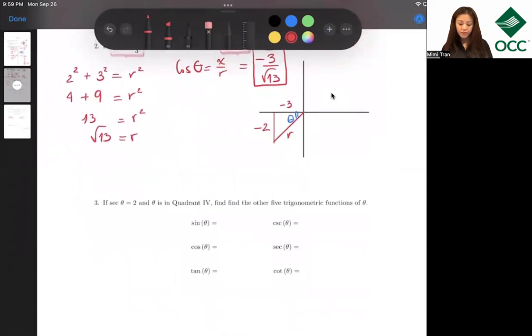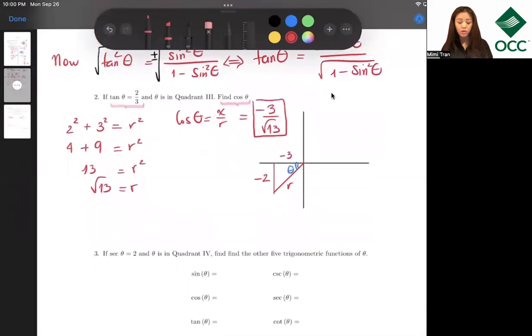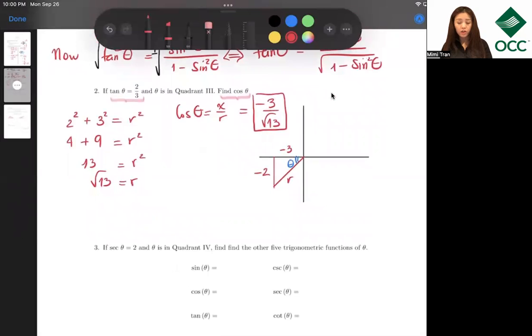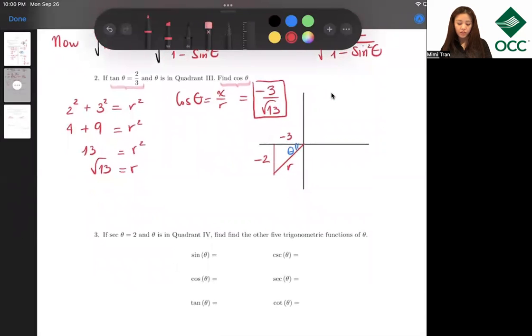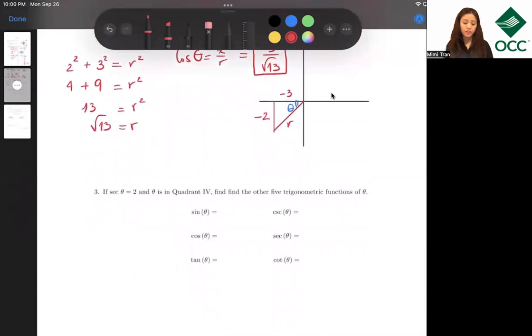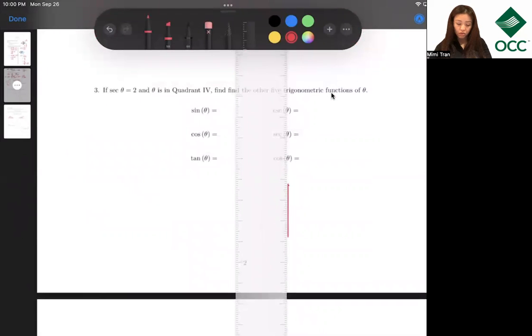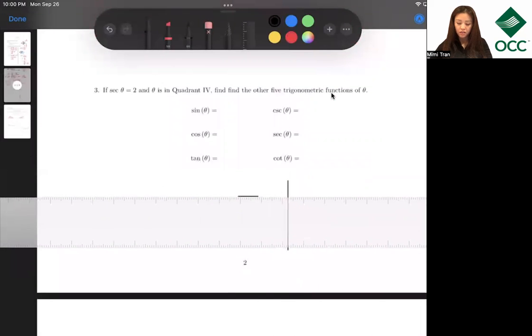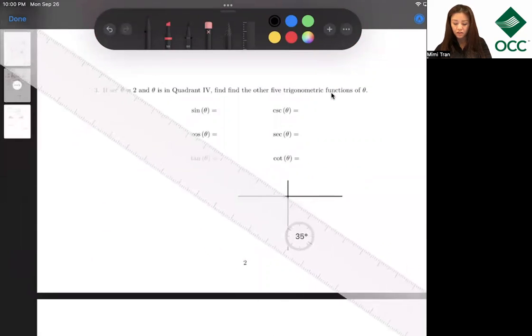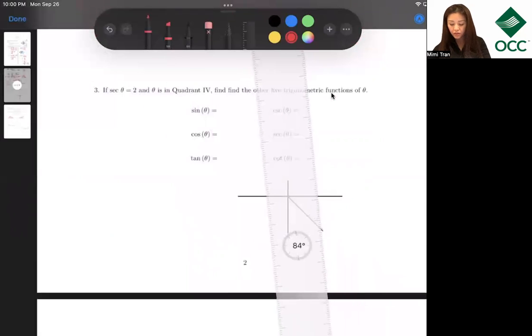Number 3 is pretty much the same as number 2. You draw a right triangle in quadrant 4, and then they give you secant of theta. Maybe I'll do a little bit and then you fill out the rest. First things first, draw your right triangle. Quadrant 4, so it looks like that.